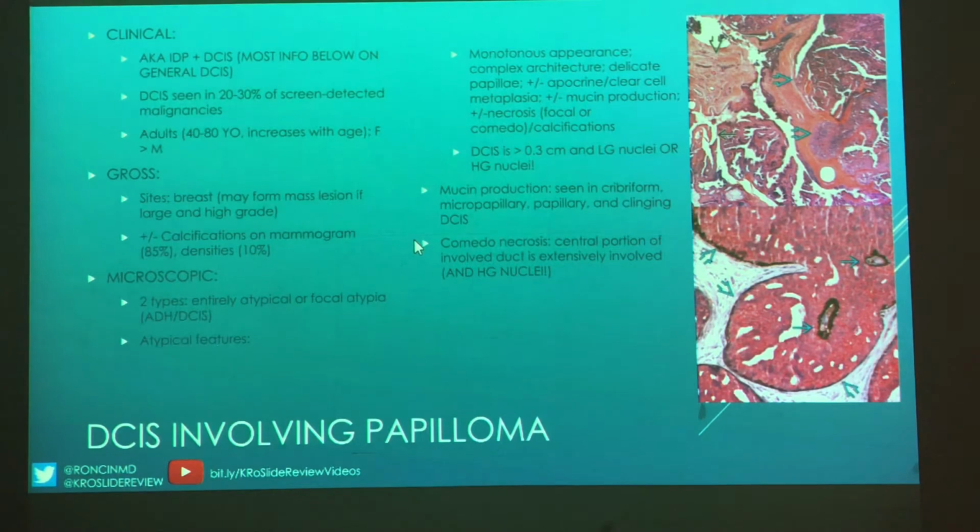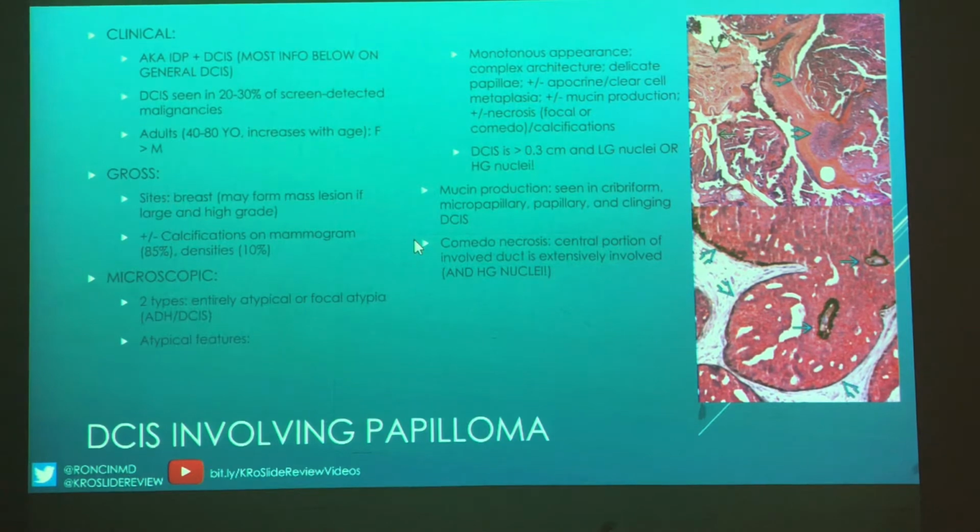Okay, so this is also known as intraductal papilloma with DCIS, or DCIS involving papilloma. So it's just a preference as to whether you like one way or the other. Generally DCIS we see in about 1 in 5 to 1 in 4 cases of screen-detected malignancies.